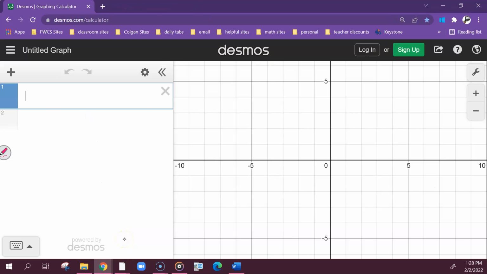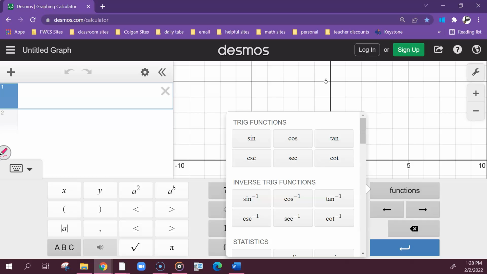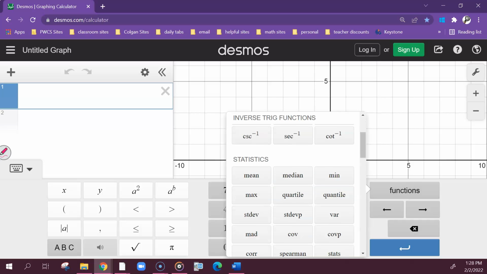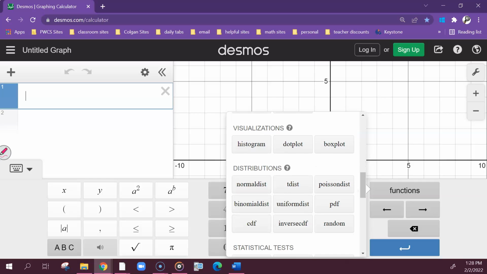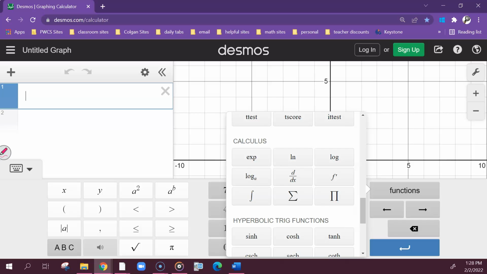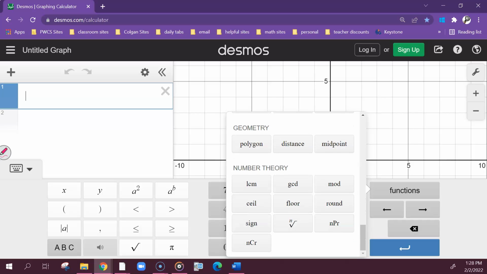So on Desmos, there is an option to find GCF. You have to go into functions.